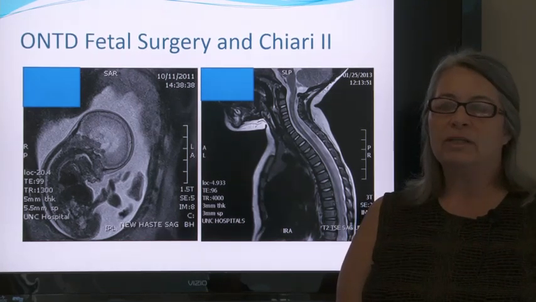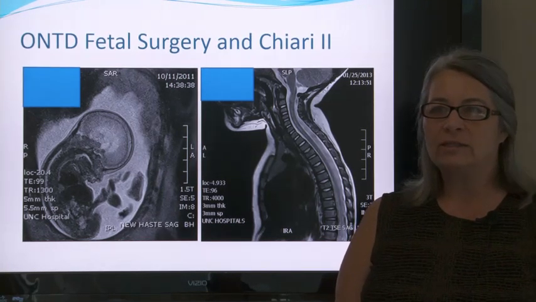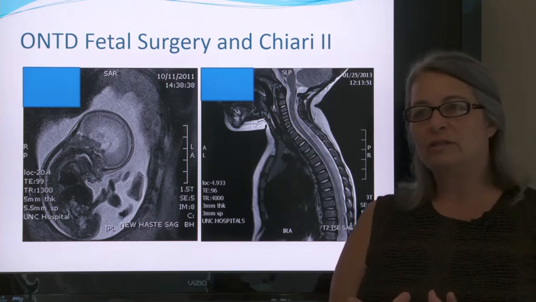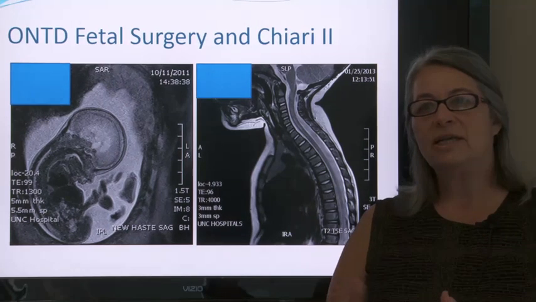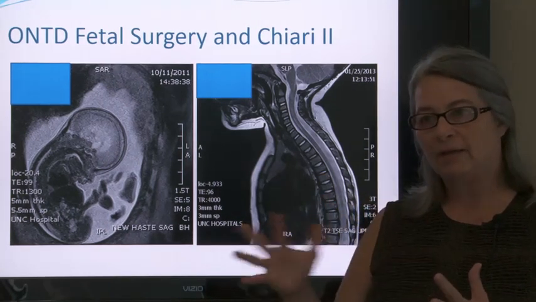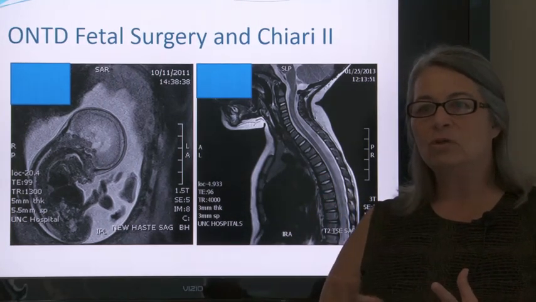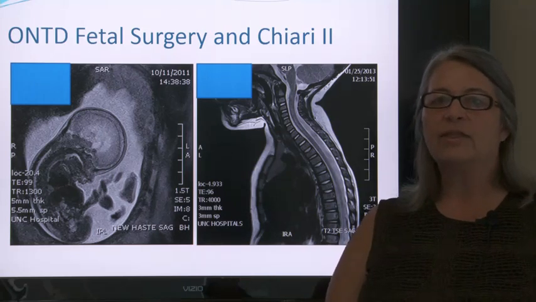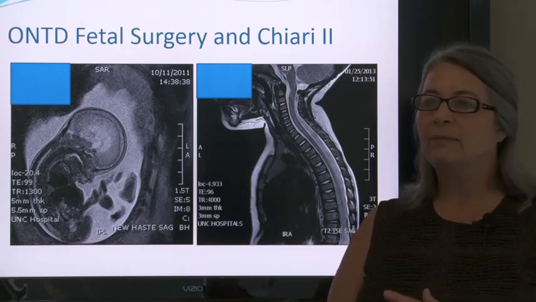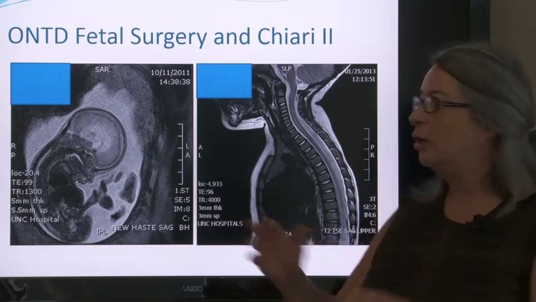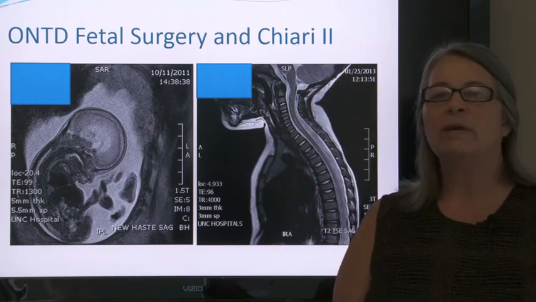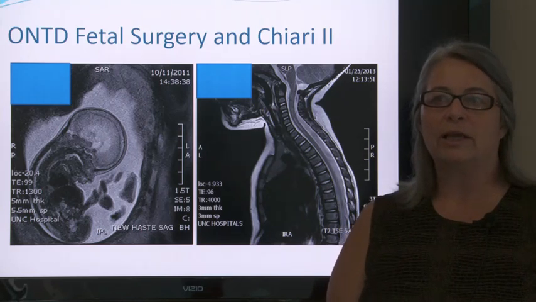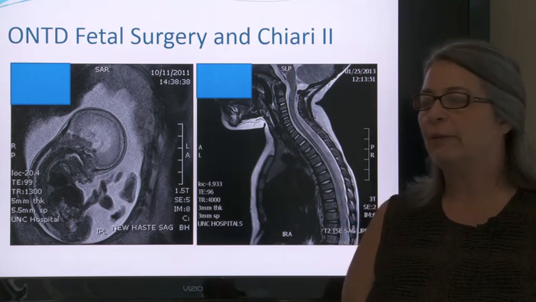What we've found is that one of the things it does is, while these fetuses continue to develop and their cerebral spinal fluid stays in their brain instead of on the back of their neural tube defect sac, their brain and skull growth is able to grow bigger, and it opens up their area back here that generally remained very small, and we felt like contributed to the Chiari malformations.